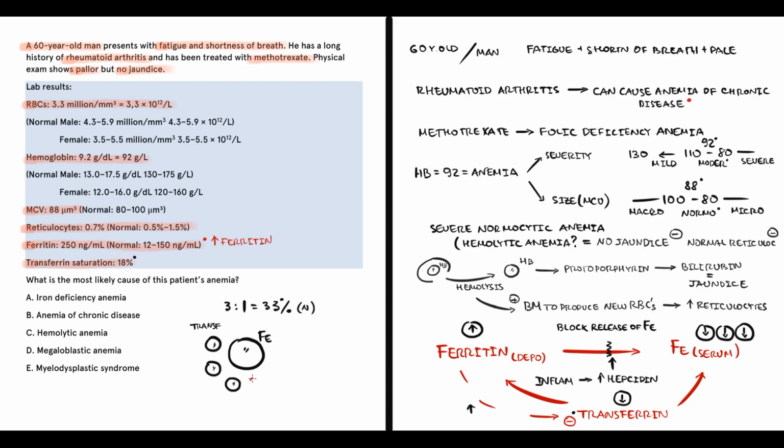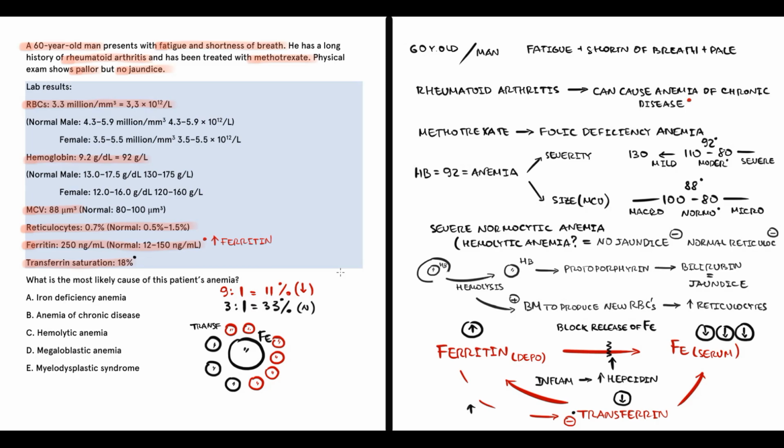But the production of transferrin is just inhibited. The organism still produces transferrin. So in this case, there will be, for example, 9 transferrin molecules per 1 iron molecule, which gives transferrin saturation of 11%, which is low. So in anemia of chronic disease, transferrin saturation is low, even though the transferrin level in the blood is decreased.